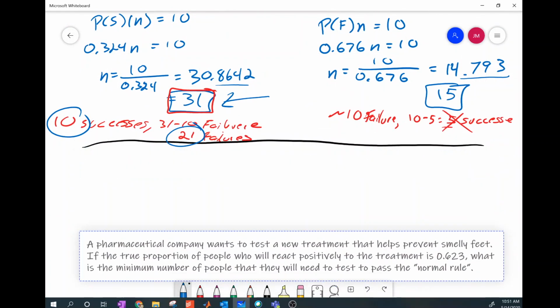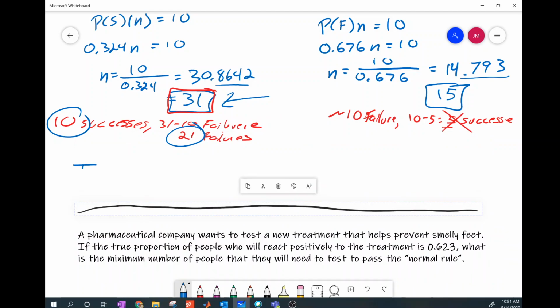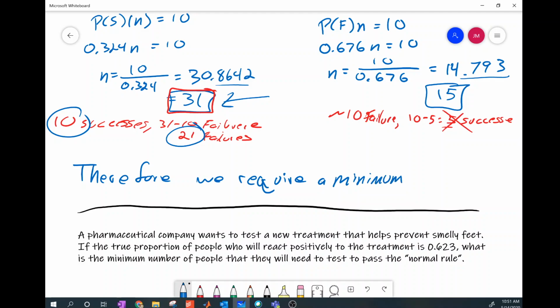So therefore, we require a minimum of 31 fish in our sample. So that's what we're looking for.